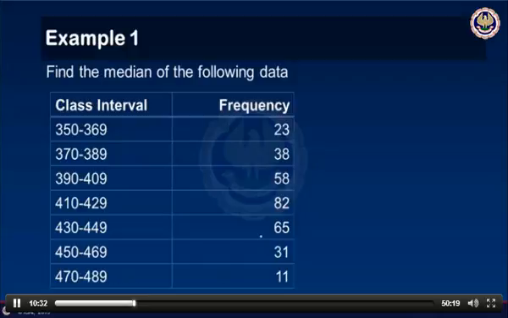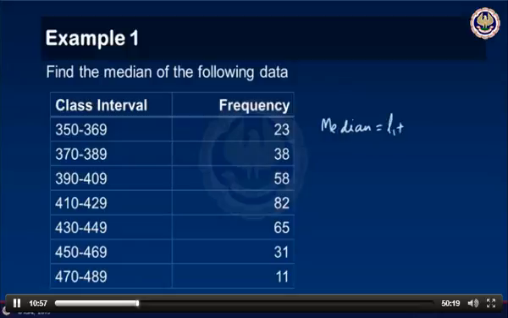If you look at the data, it is of the type of inclusive class interval series. Now, before computing the median for the grouped frequency distribution, we have to briefly discuss the formula for how it can be computed.